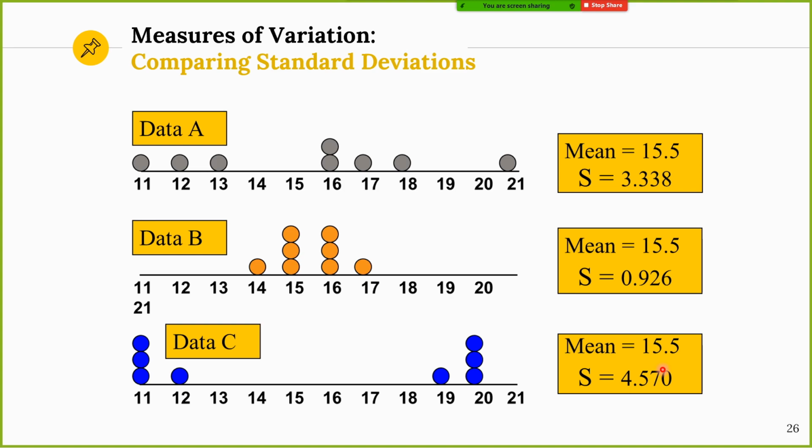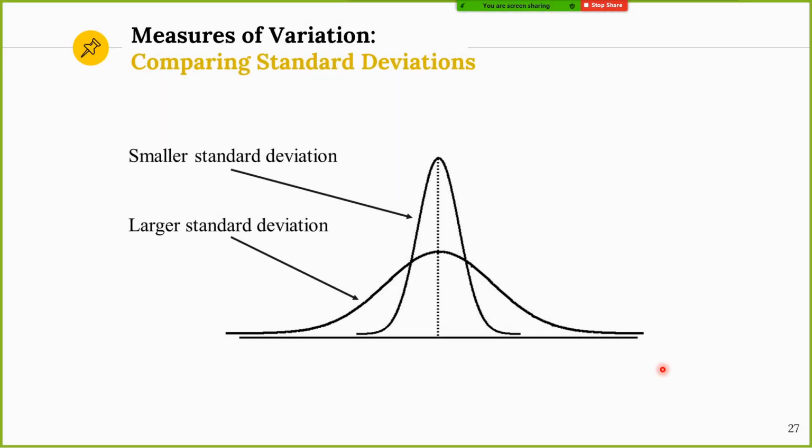Okay, if you don't have any question, let's continue. This is also an example of two different graphs. This one is for the smallest standard deviation. We have the mean here. The data is not scattered, it's quite compact, so we have the smaller standard deviation.